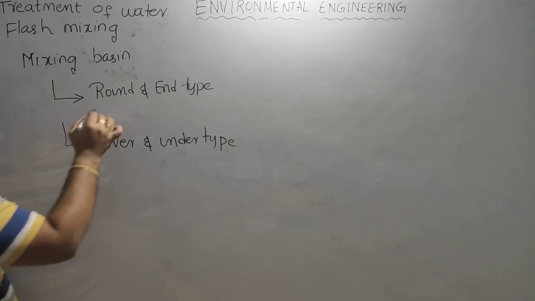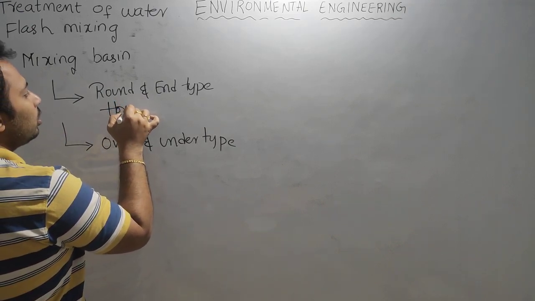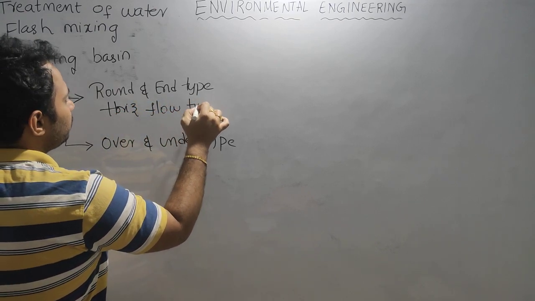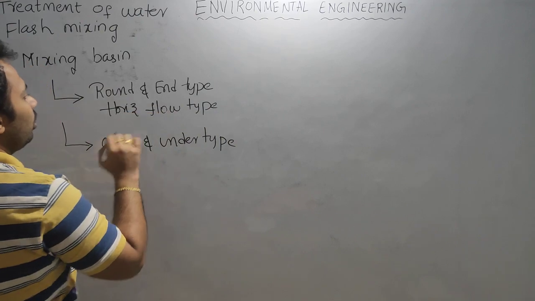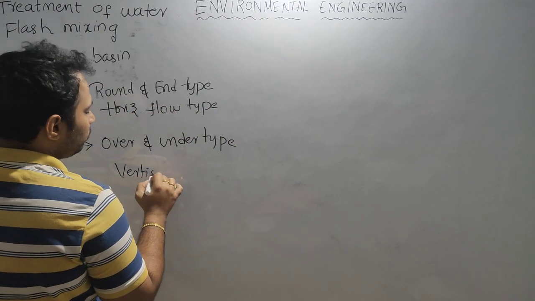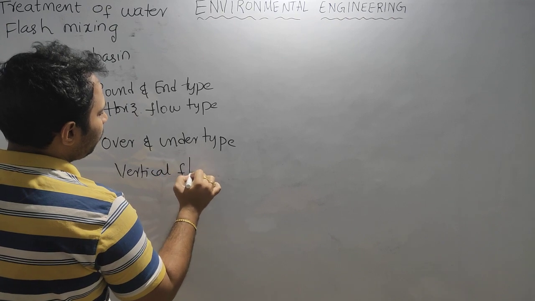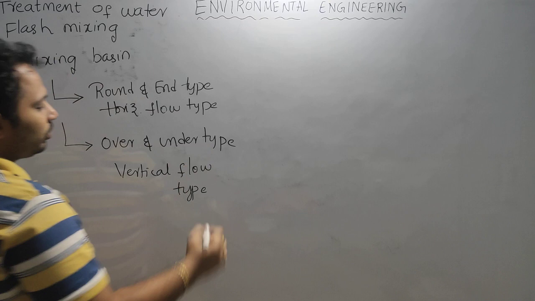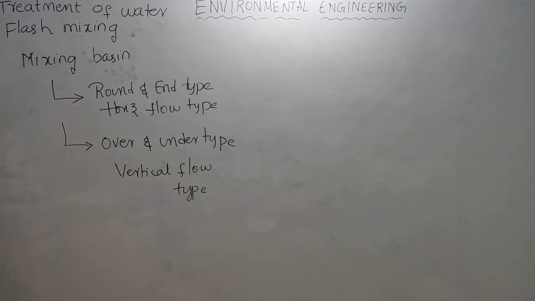The round and end type is also generally called horizontal flow type. The up and down type is vertical flow type. The mixing basin will be like this.